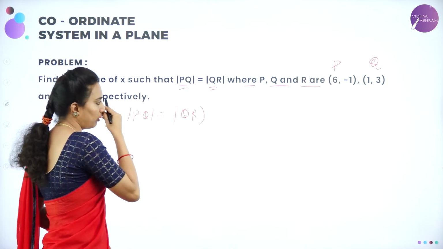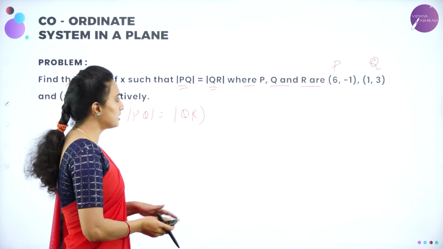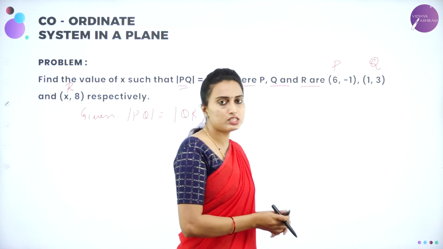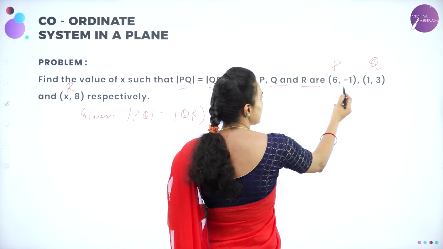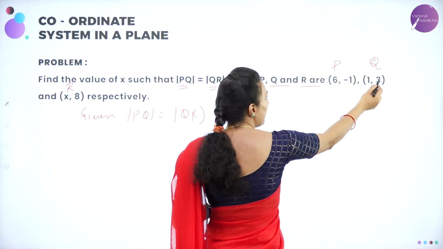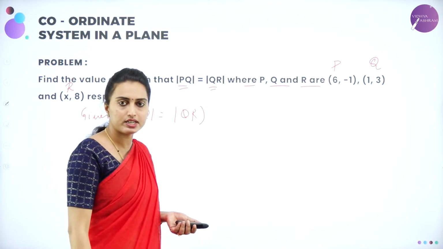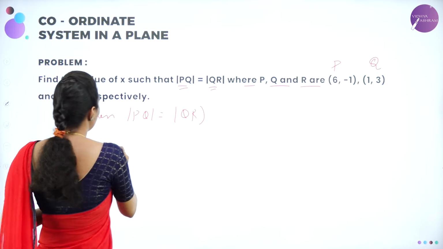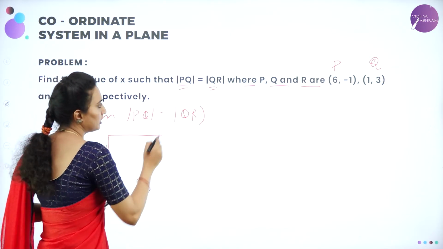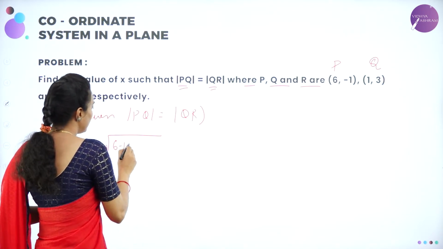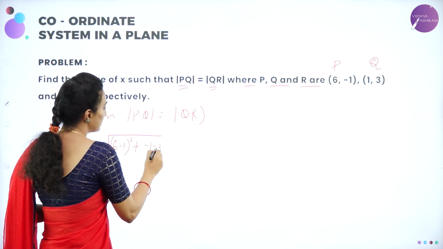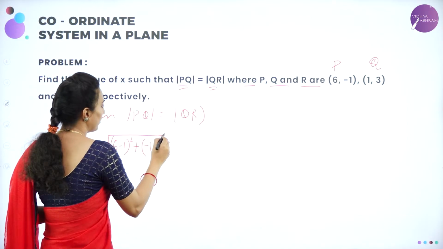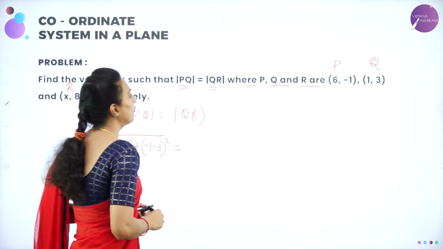You know the points, modulus of PQ is nothing but the distance between P and Q. By applying the distance formula, you are going to take square root of 6 minus 1 whole squared plus minus 1 minus 3 whole squared, y2 minus y1, is equal to modulus of QR.